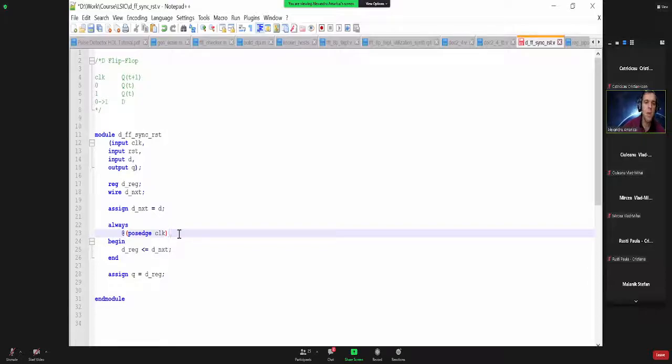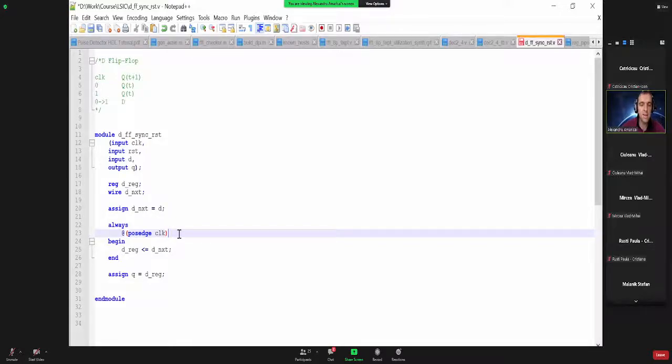For a synchronous reset, reset happens only on the positive edge of the clock signal.